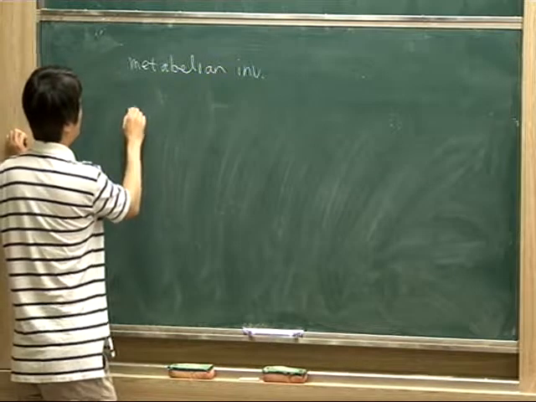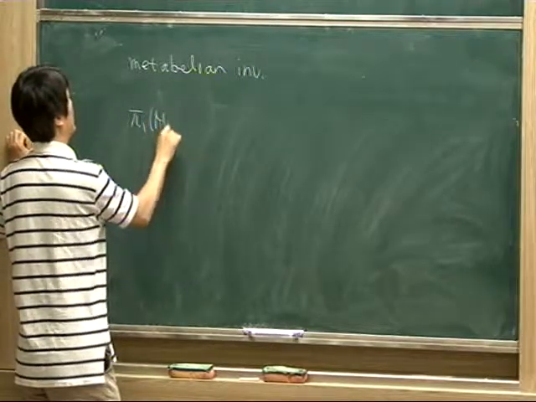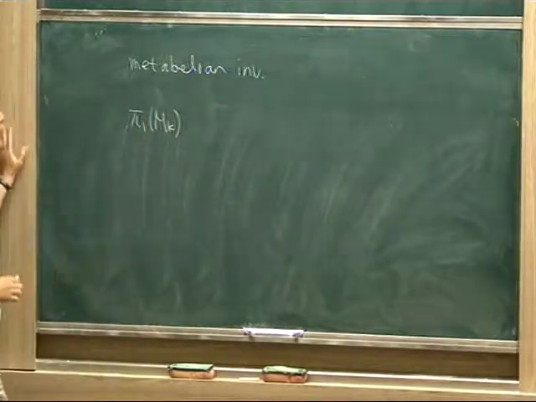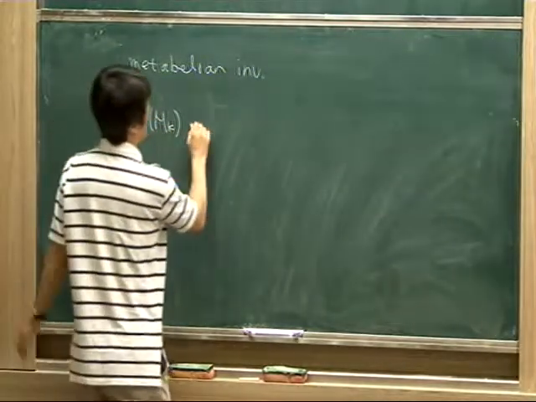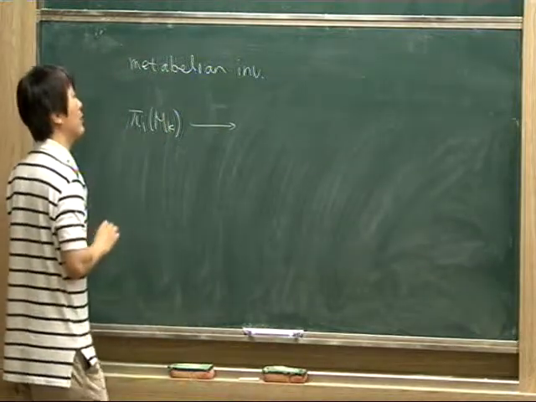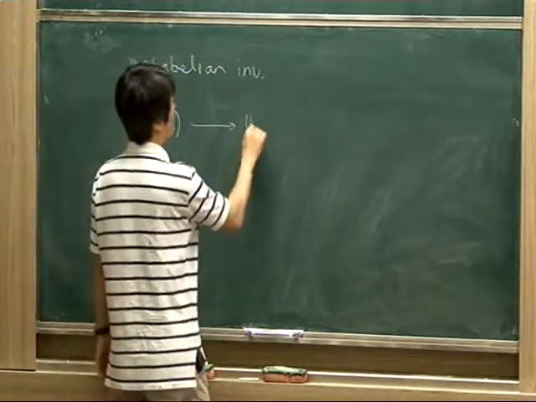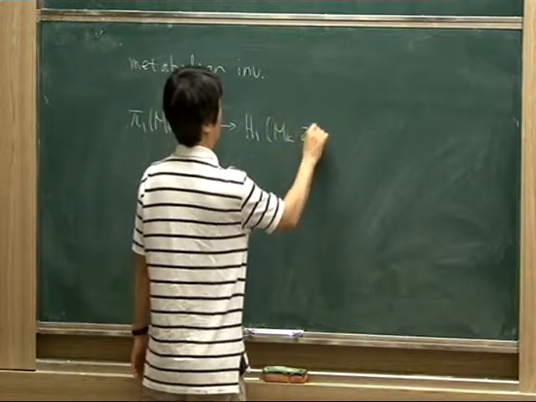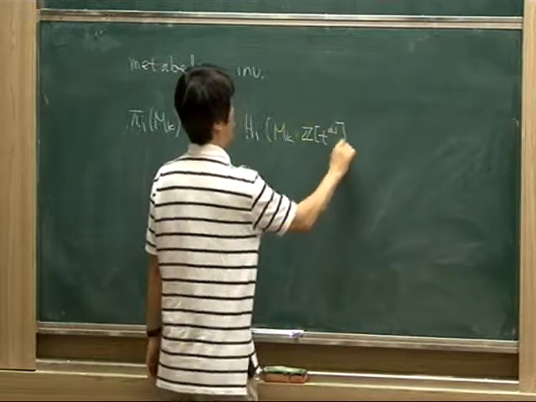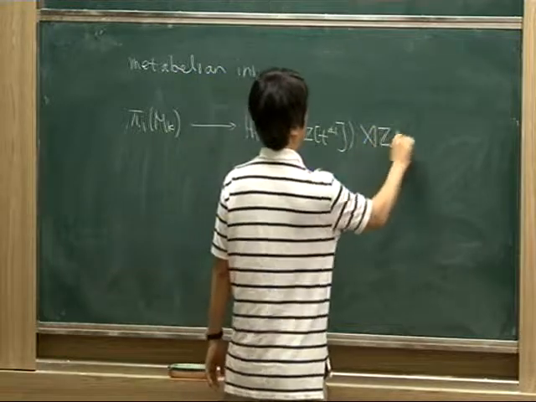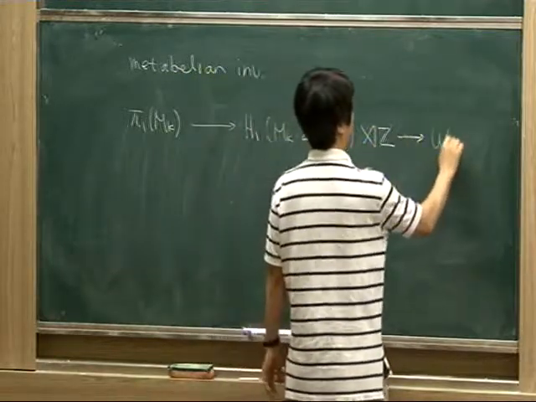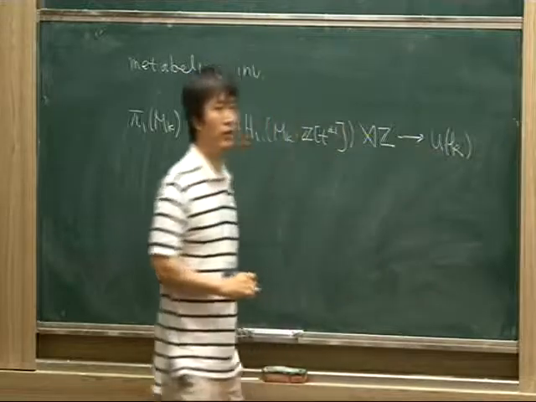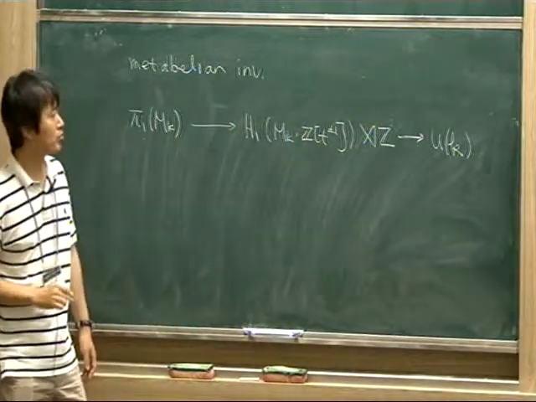When you have zero surgery and its pi 1, then we can find a certain representation which factors through, at least in the module, a semi-direct product with Z, and the target group is a unitary group.